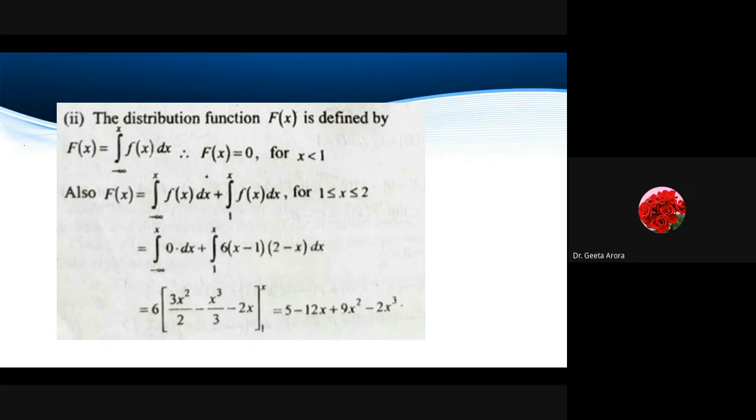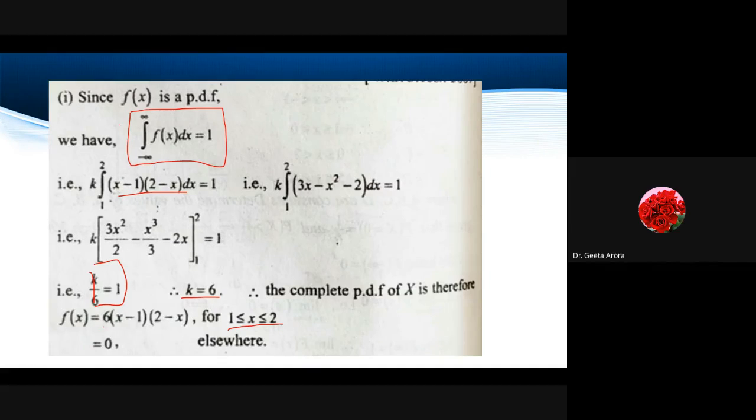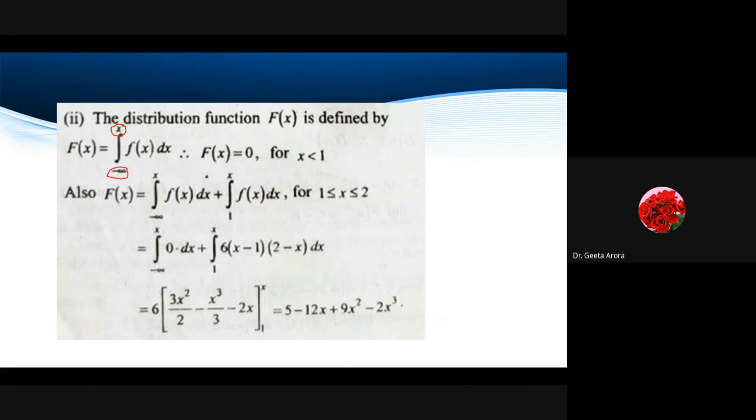Here in the continuous case, integration is there, and the change is that the limit is from minus infinity to x. Correct? For the probability density function, we had written minus infinity to infinity. Here we have the limits from minus infinity to x.